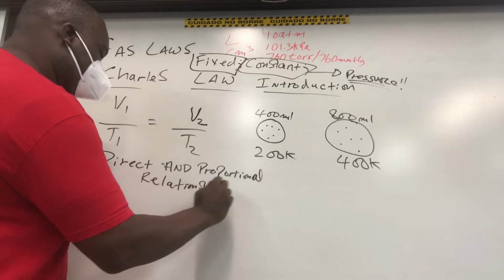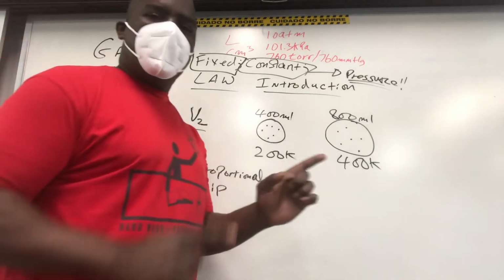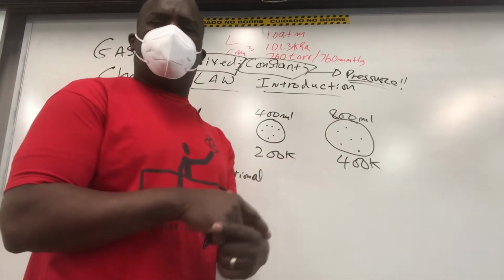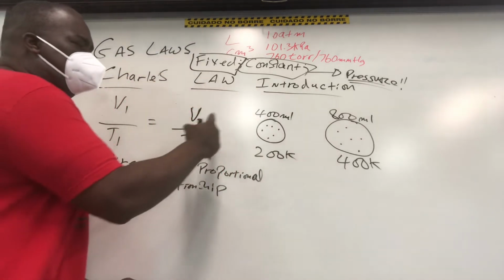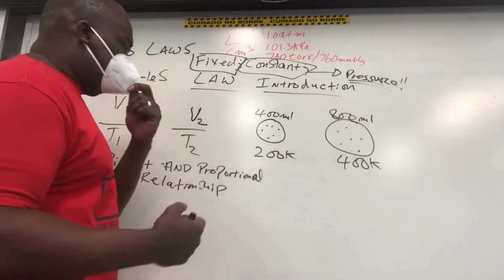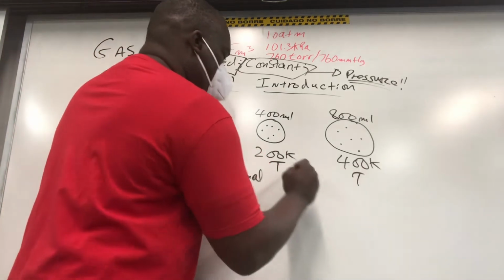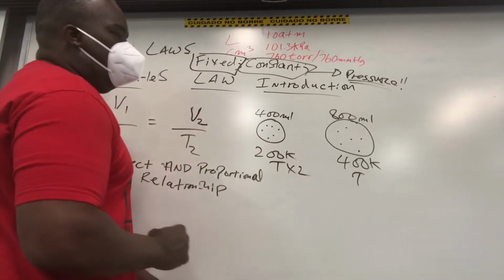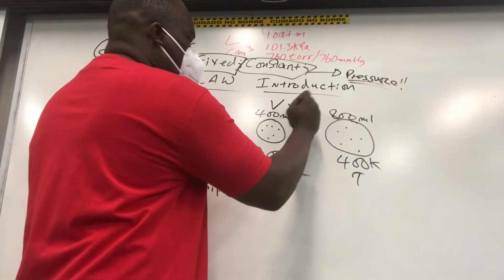So what does direct and proportional mean? Direct simply means that whatever one variable does, the other variable follows in the same direction, the same way. Proportional means that there's some number that they're both related with. So for example, if the temperature here, the T, is being doubled, this V right here is also gonna get doubled.